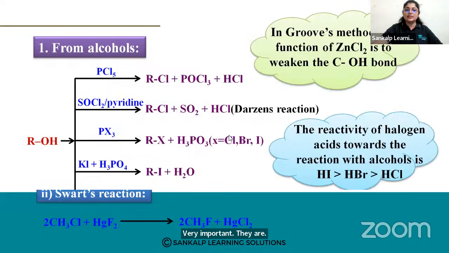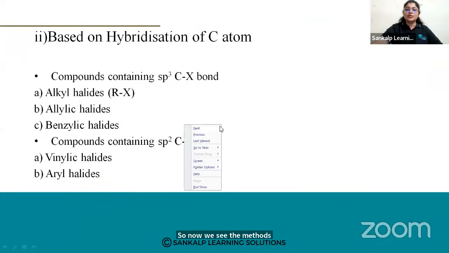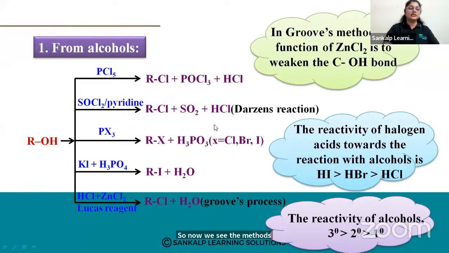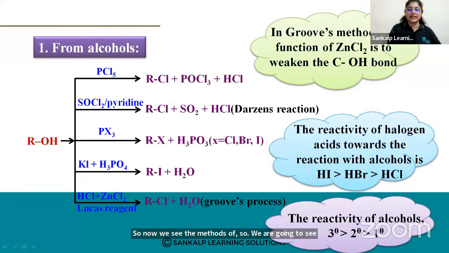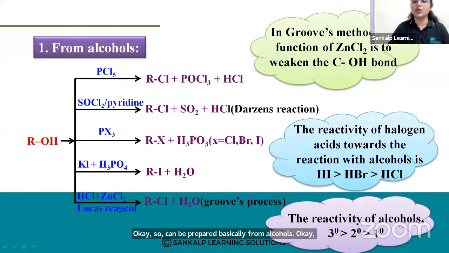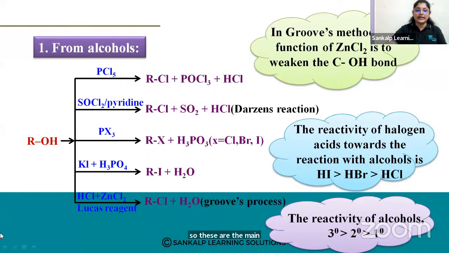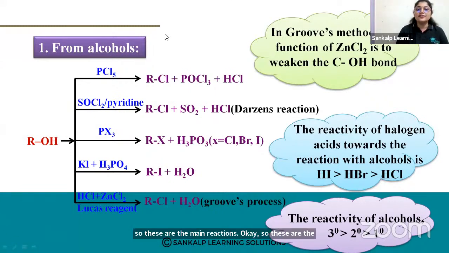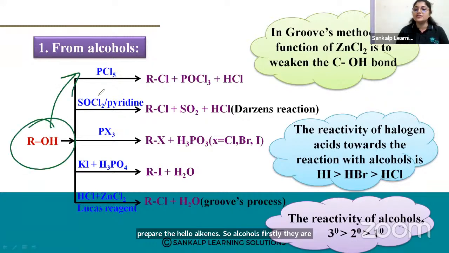So now we'll see the methods of preparation of haloalkanes. Haloalkanes can be prepared basically from alcohols. These are the 5 main reactions with alcohols to prepare haloalkanes. The first reaction is with phosphorus pentachloride.